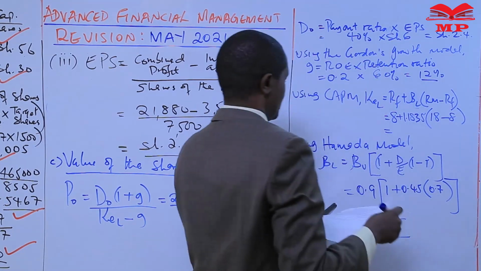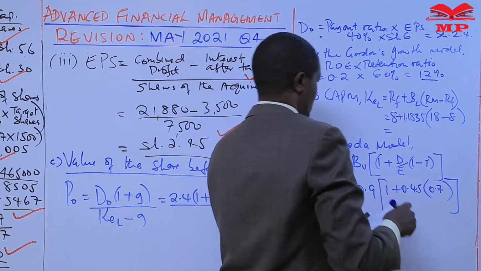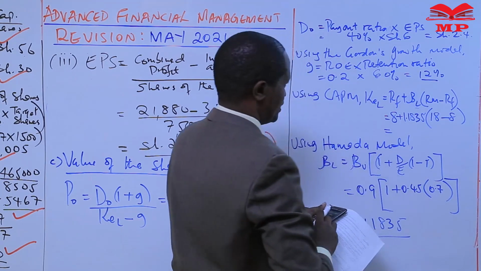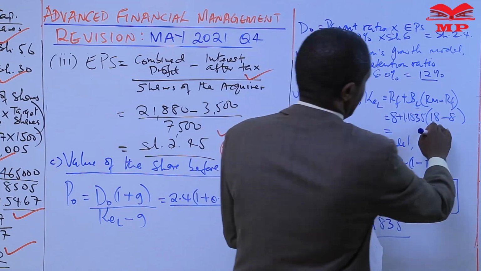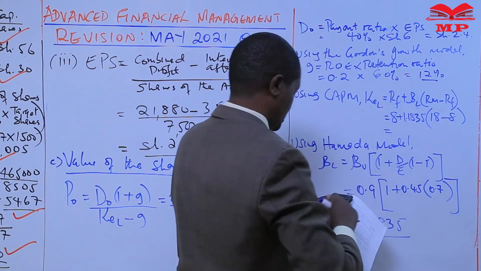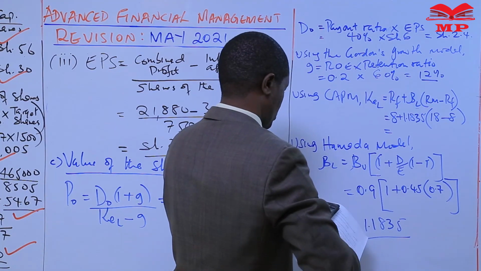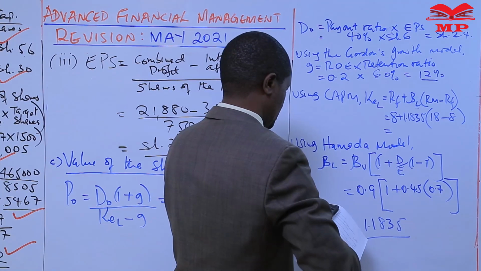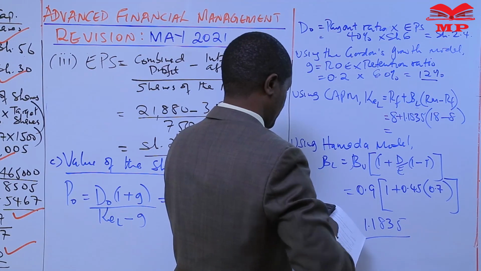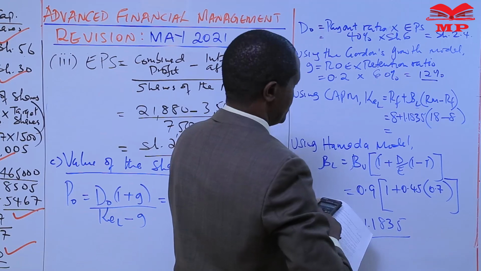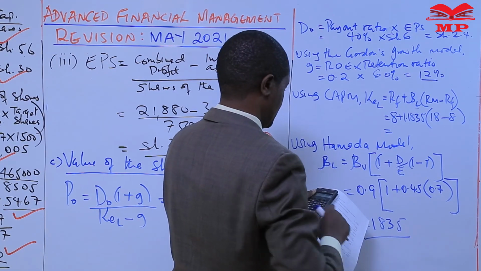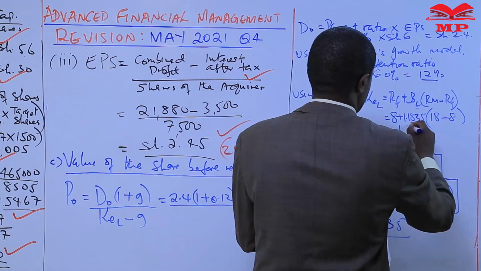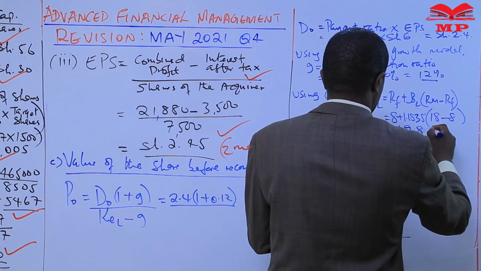Therefore, candidates, the cost of equity of a levered firm will be equal to 10, 18 minus 8 is just 10, times 1.1835 plus 8. This is equal to 19.835.